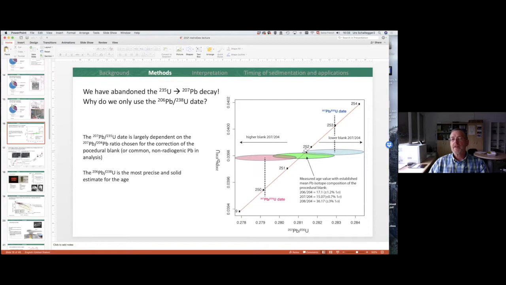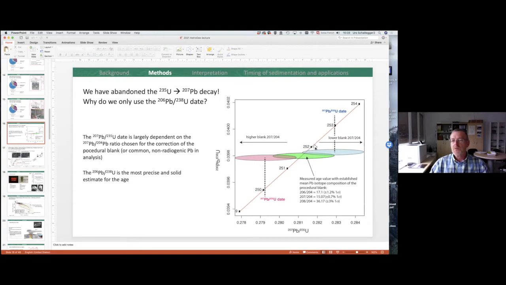The discordancy argument only starts to hold when you have larger percentages of lead loss. This, of course, we want to avoid, because we want to do our chemical abrasion as well as possible.